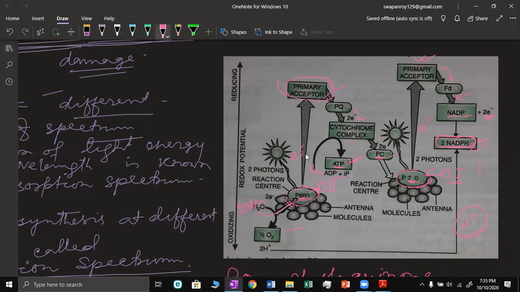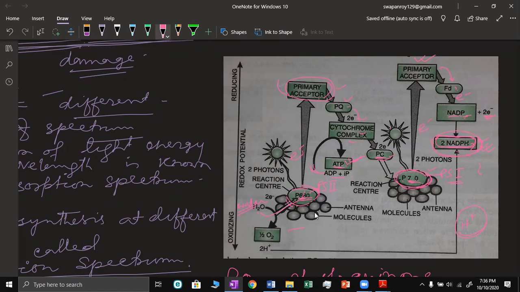From here, the electron moves through different electron carriers like plastoquinone, cytochrome complex, and plastocyanin. It reaches the reaction center of pigment system 1. From there, the electron again moves through the primary acceptor to ferredoxin, ferredoxin to NADP, and finally NADP is converted into NADPH2.